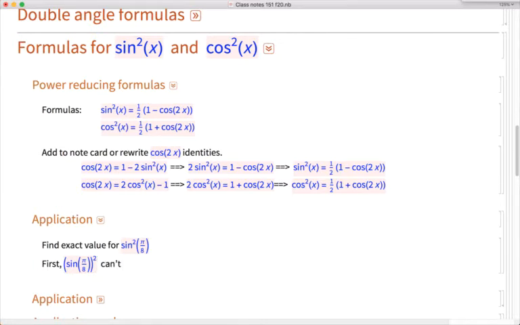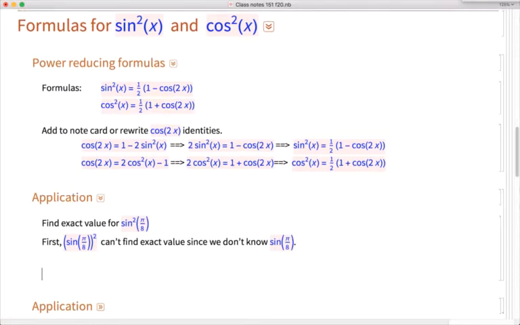You're supposed to compute sine of pi over 8 and then square it, but we can't find the exact value since we don't know sine pi over 8. So that's why we're going to use this identity, right?